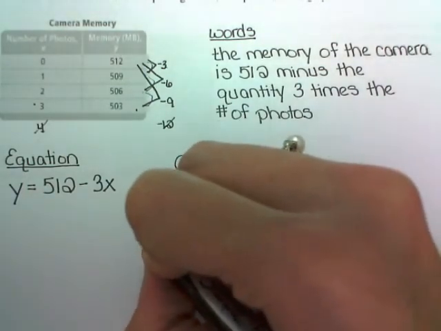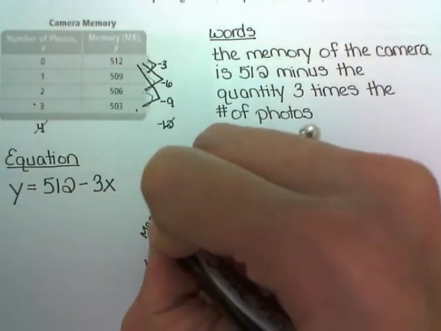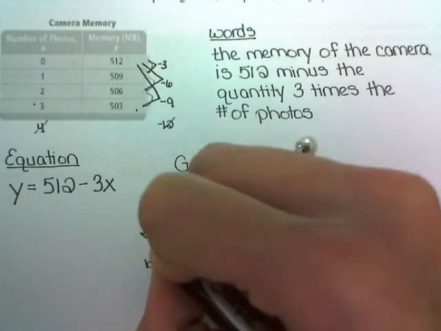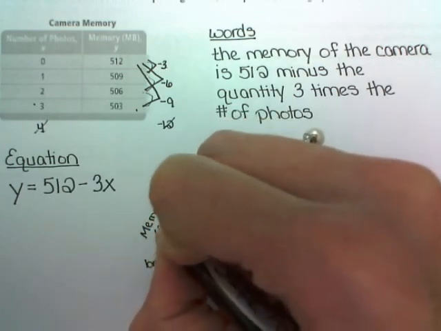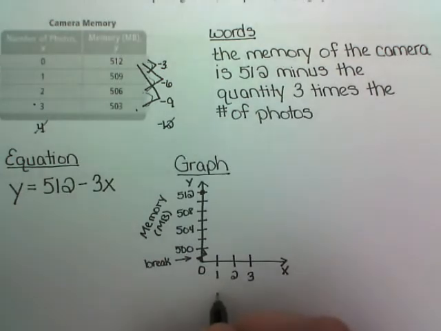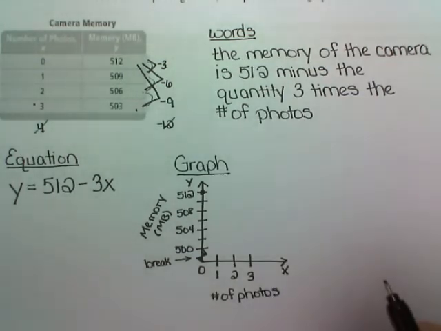And let's label this. We need to label our x and y axis. This is memory in megabytes. And this one down here is number of photos. So at 0 photos, I have 512 megabytes of memory.